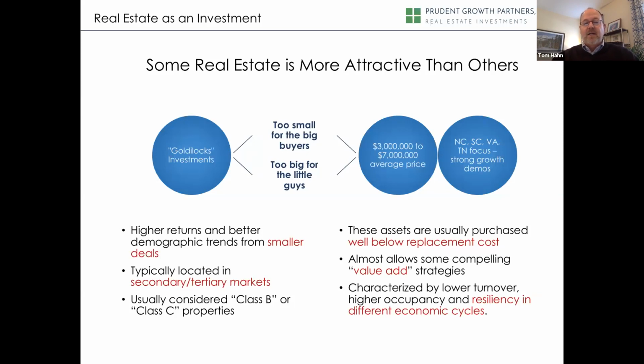We're typically buying Class B or C properties, which means if you're thinking of an apartment, picture a suburban garden-style apartment as opposed to the brand new stuff that's getting built. These assets we can buy well below replacement cost. There's usually ample opportunity for value-add strategies, and they tend to be characterized by lower turnover, higher occupancy, and resiliency in different economic cycles.